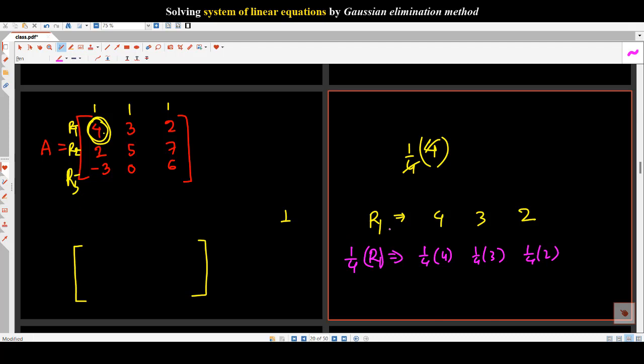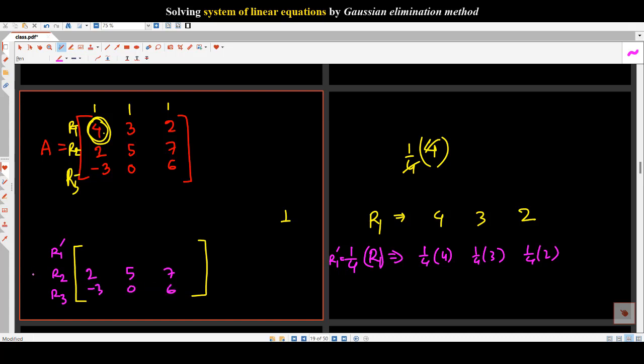So we are going to actually have a new row, let's say R1 prime, but other rows are same. R2 and R3 are same as before: 2, 5, 7, minus 3, 0, 6. We are not changing R2 and R3, but we are changing R1 prime. We are changing the first row by multiplying 1 by 4.